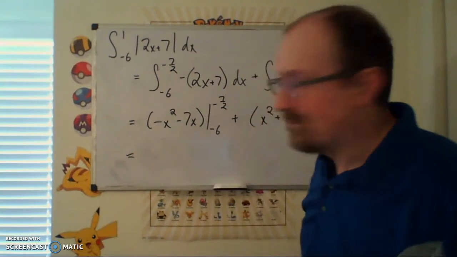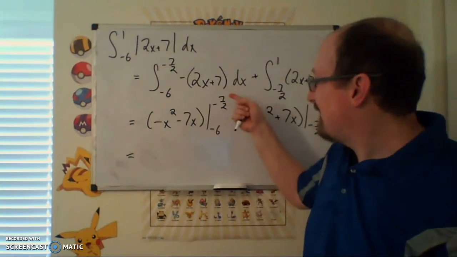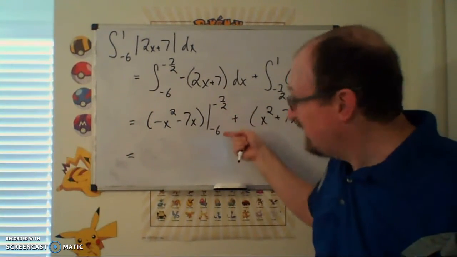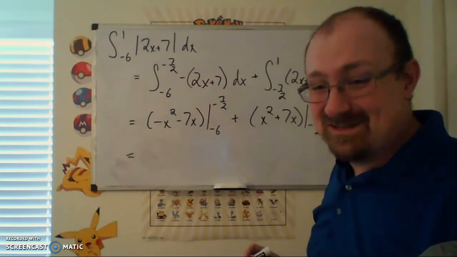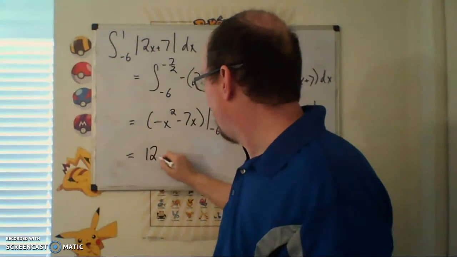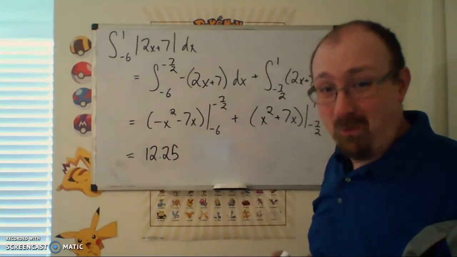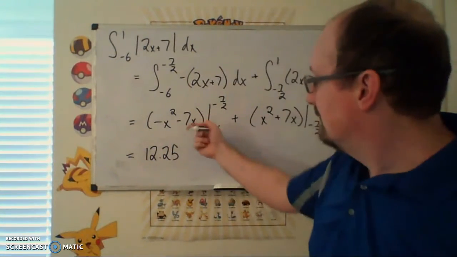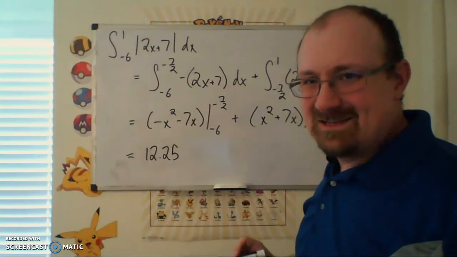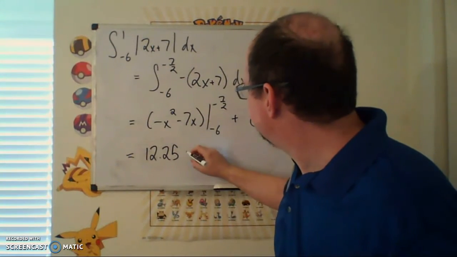All right. Now, remember, we evaluate our antiderivative at each of these endpoints and then take the difference. When I plug negative 7 halves into this, I'm just going to write it as a decimal to save board space. So I got 12.25. When I plug in negative 6, I got a positive 6.